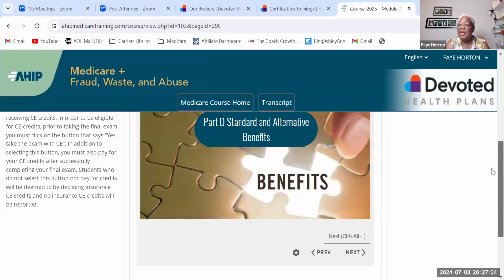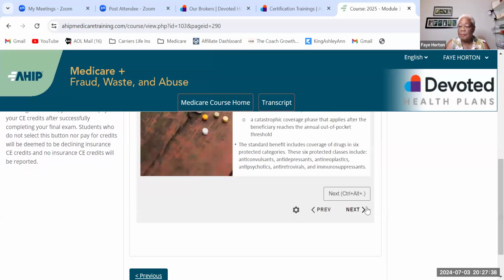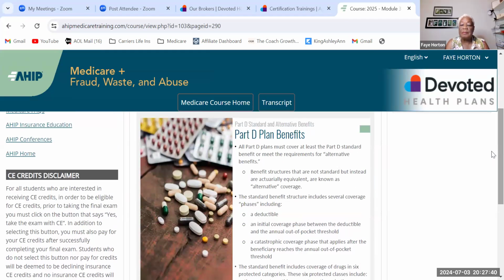Part D standard and alternative benefits. All Part D plans must cover at least the Part D standard benefit or meet the requirements for alternative benefits. Benefit structures that are not standard but instead are actuarially equivalent are known as alternative coverage.